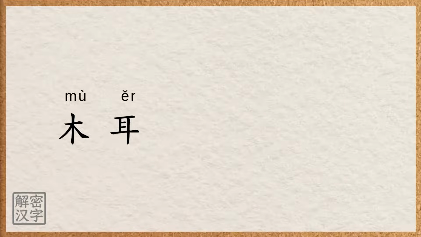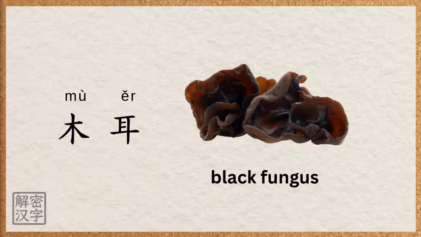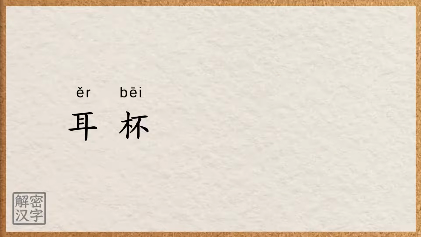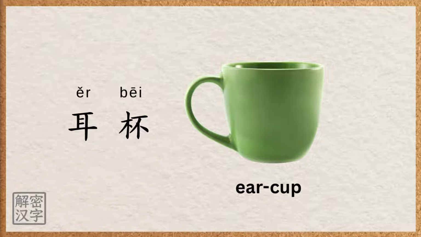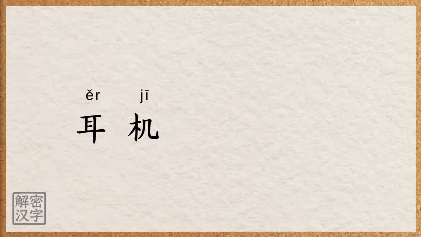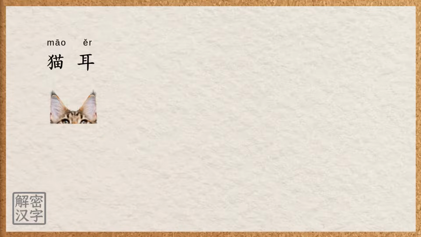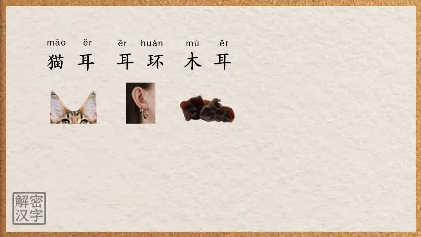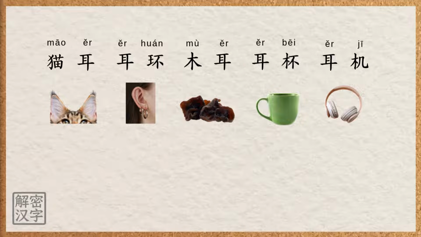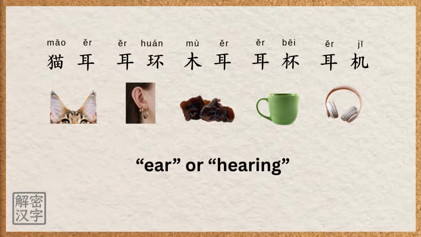"Mù ěr" means black fungus, which has a shape a bit like an ear. "Ěr bēi" means an ear cup, a kind of cup with handles shaped like ears. "Ěr jī" means headphones, earphones. Looking at these examples, you can really see how 耳 carries the idea of ear or hearing.